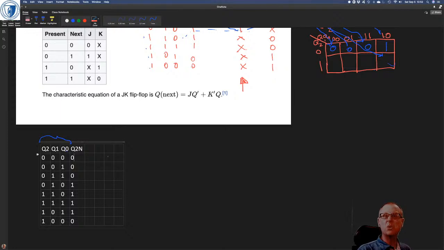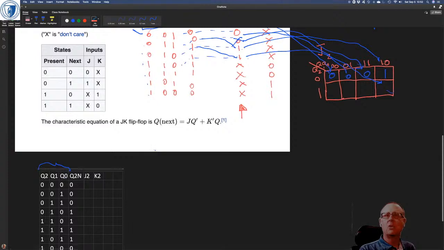So what I want to try and do is now find out what J2 and K2 are, the inputs to my flip-flop that is containing Q2, I want to try and find what the inputs are. Right, so to do that, I need to look at the state transition table up here.